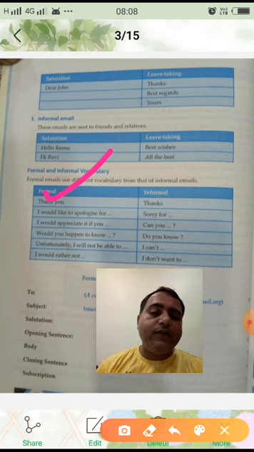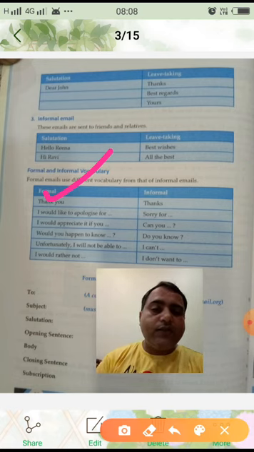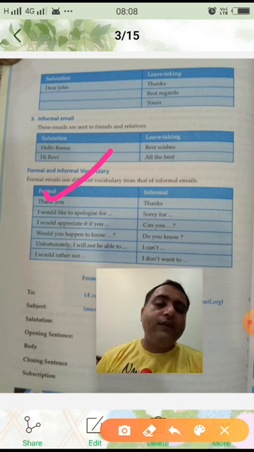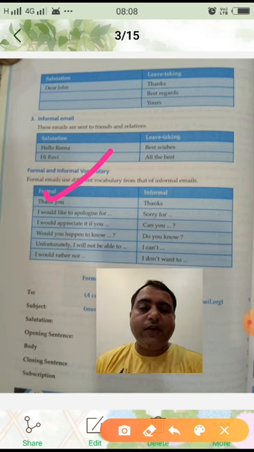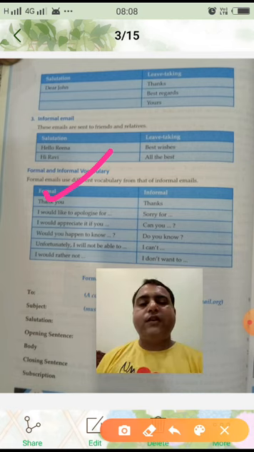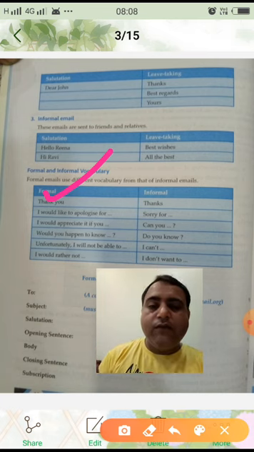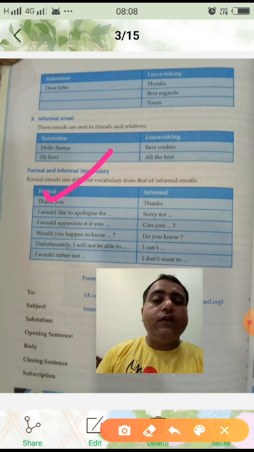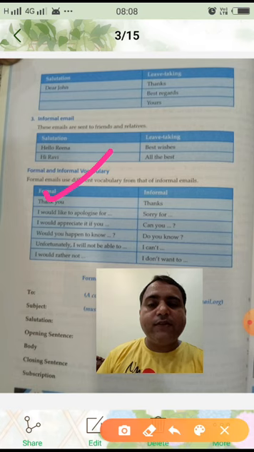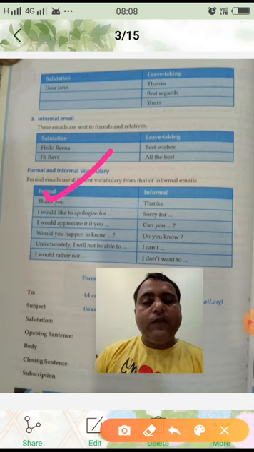Now you can see that if we construct any sentence in this way, it becomes formal. So we should start our formal emails with such kinds of sentence openings.